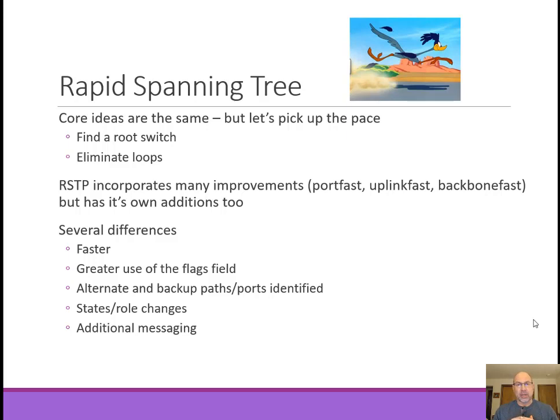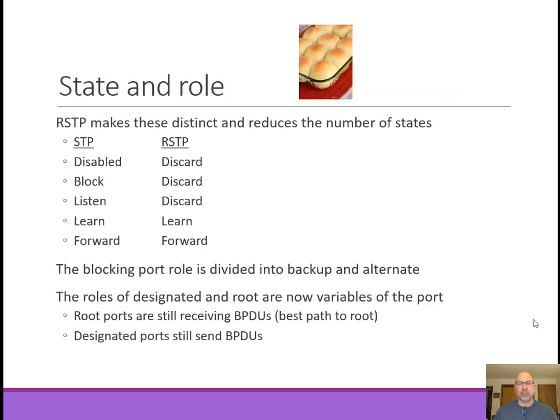So it eliminates loops really quick, the same way that common spanning tree does. 802.1d spanning tree went bam when it found a loop, same thing. But finding alternate pathways or redundant pathways, well, that's where spanning tree fell down, and rapid spanning tree is much, much faster. Some additional messaging, or at least flags in the messaging, and then some state and role changes are also there.